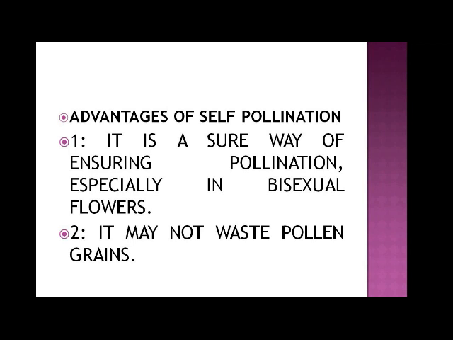Secondly, it may not waste pollen grains. When wind blows, for instance, it carries away these pollen grains, some of which just deposit themselves by the influence of the wind, or according to the direction of the wind.